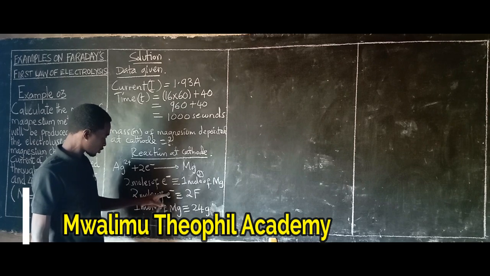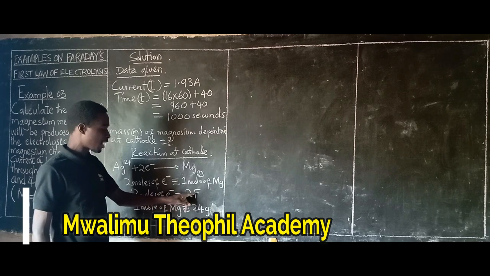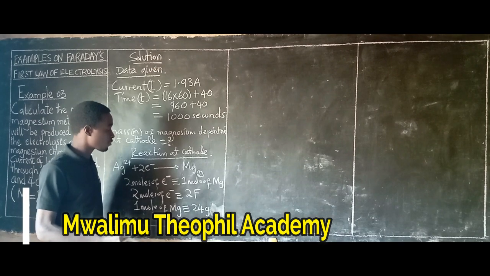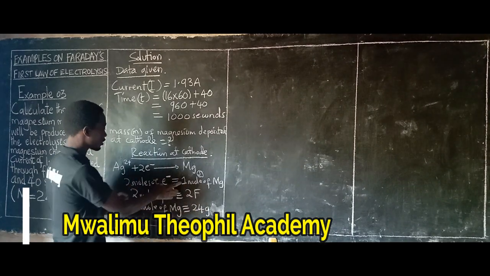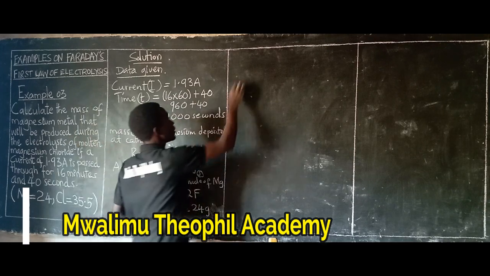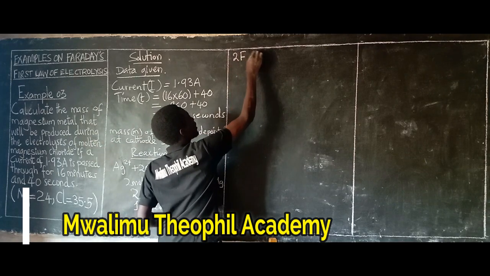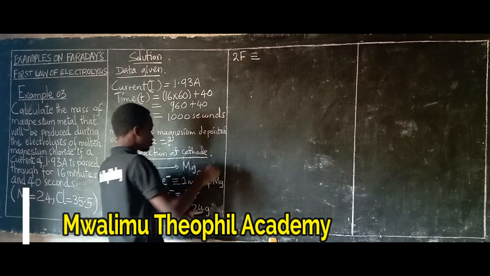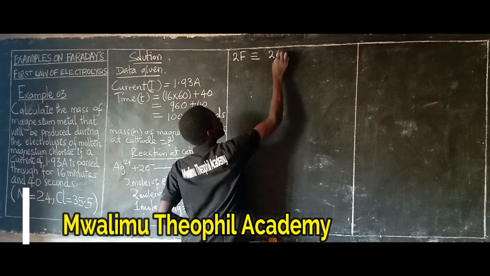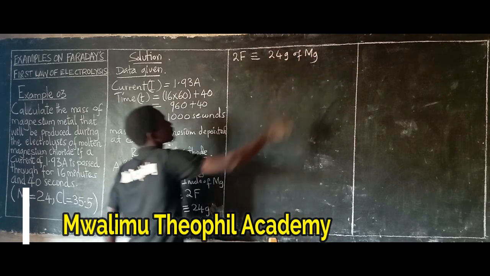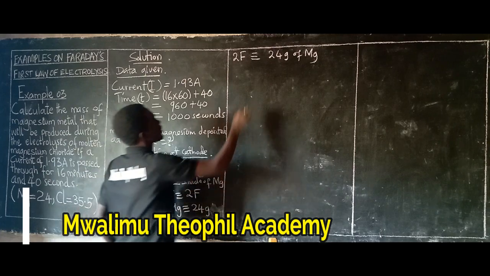Also, I have changed the electrons into Faradays, as the Faradays are finally going to be changed into charge, in form of coulombs. So here, instead of writing this, I can use this data. So 2 Faradays are equivalent to 24 gram of magnesium. It becomes this way.